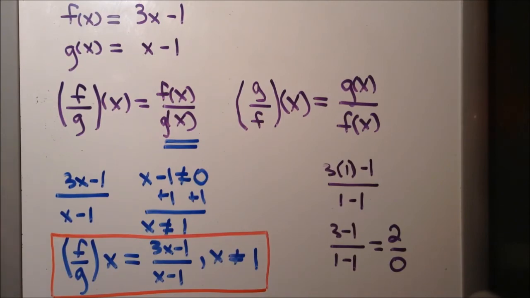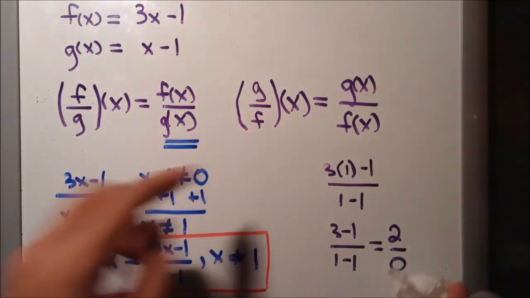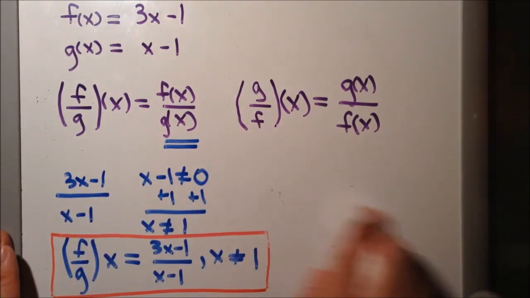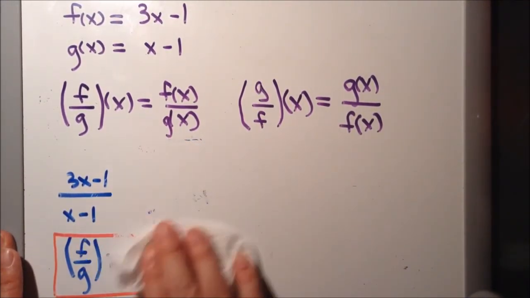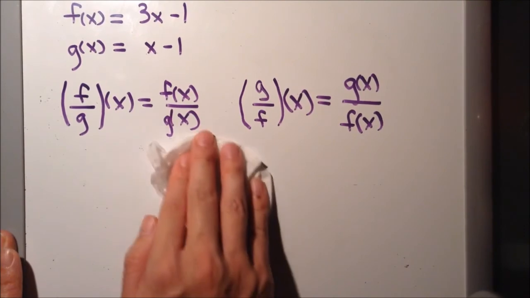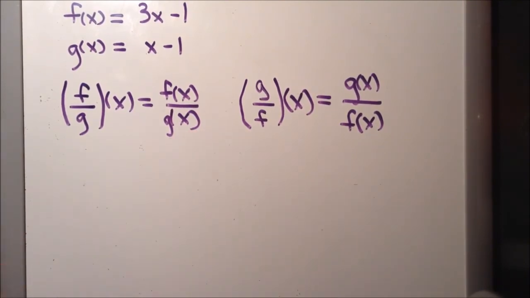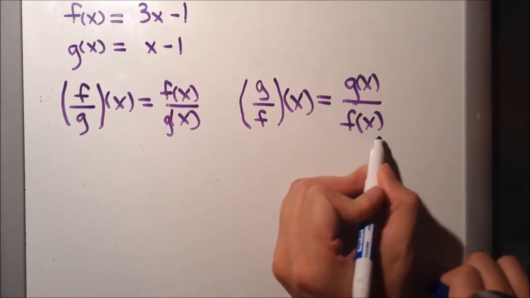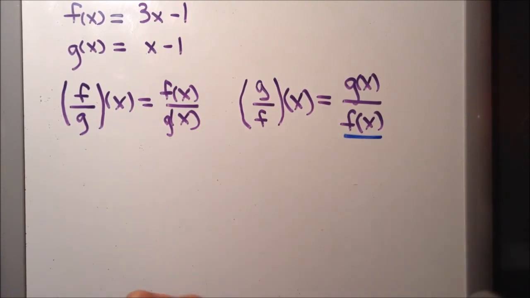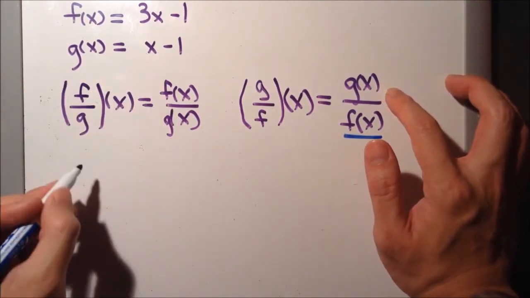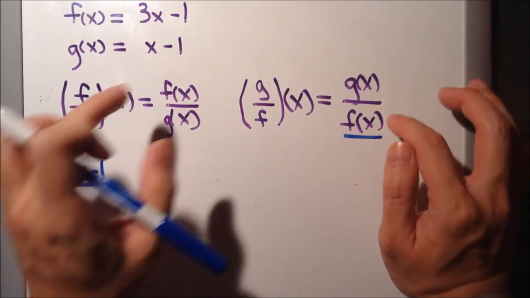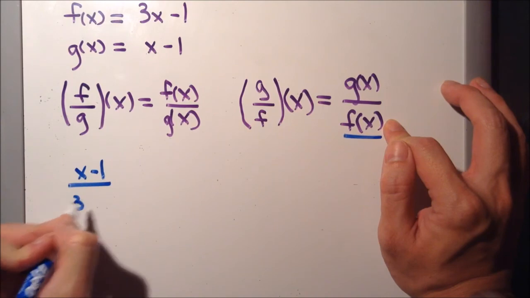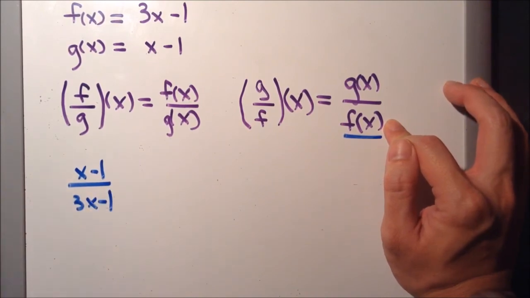Alright, now I'm going to do g divided by f. So we're going to do this form. So g of x is going to be on the top, so x minus 1, and then divided by f of x, so 3x minus 1.